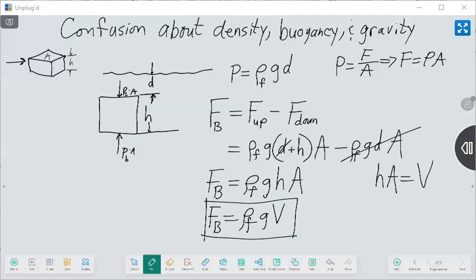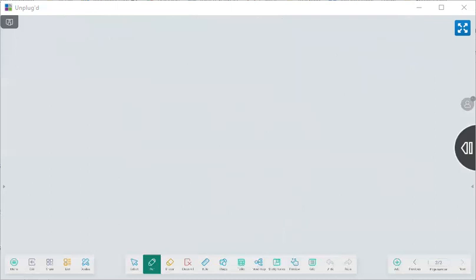Okay, so let's make a new page. And now we're going to have our object submerged in a fluid again. We'll draw all the forces acting on this object. Let me back up just a bit.